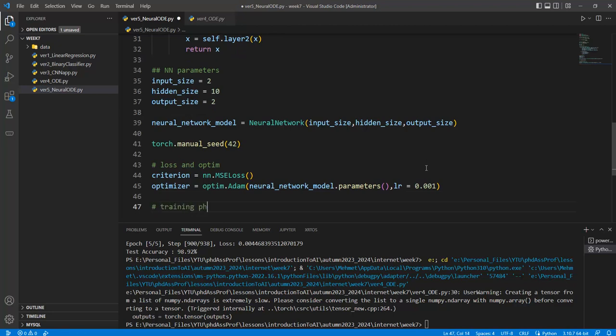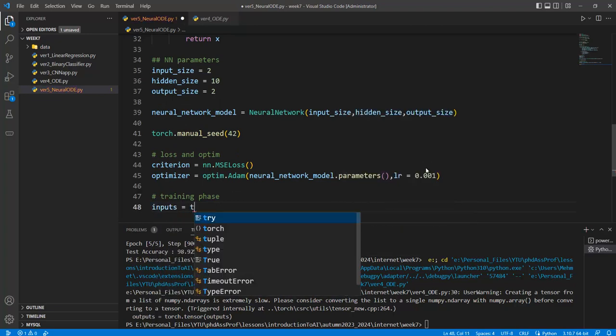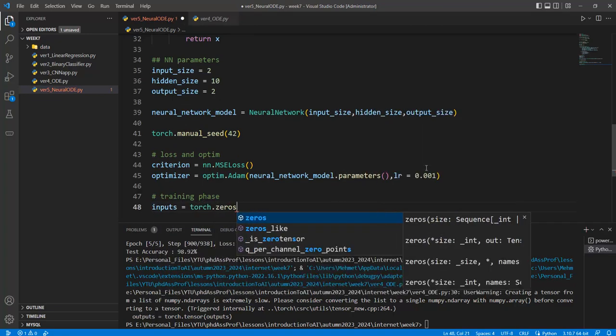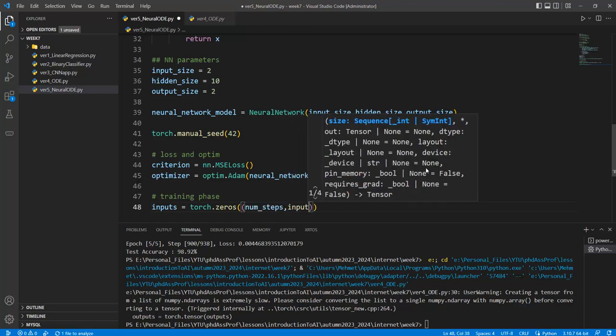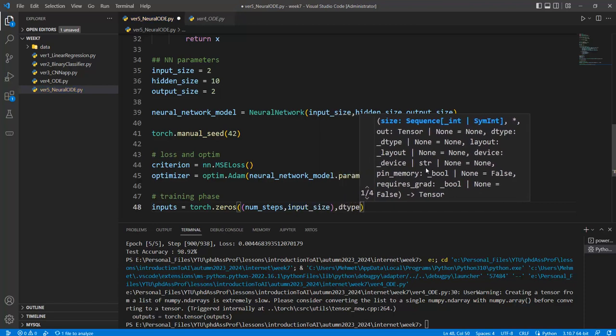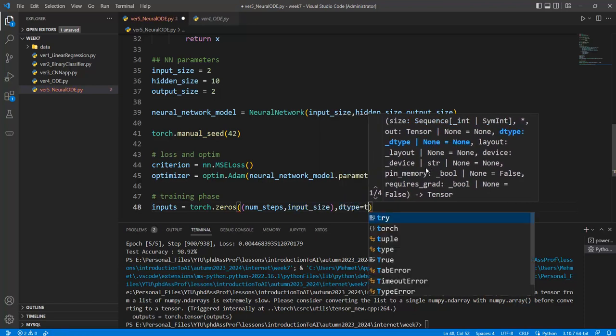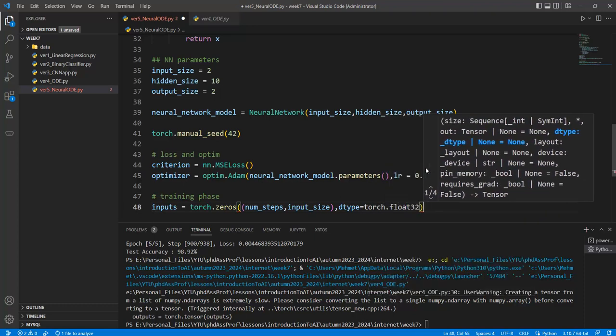So the training phase can be assigned with what? The inputs value. Firstly, torch zeros with the num steps, input size, and after that dtype torch float32.